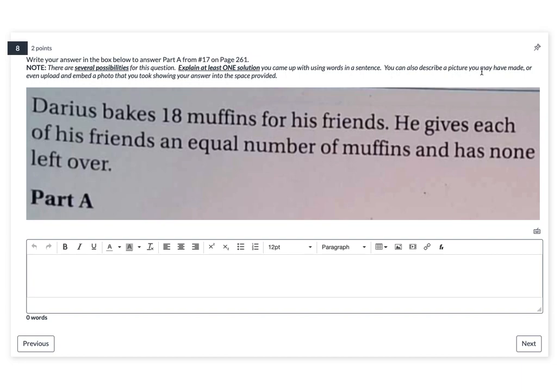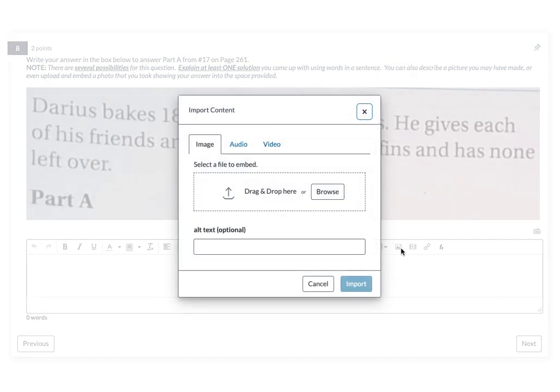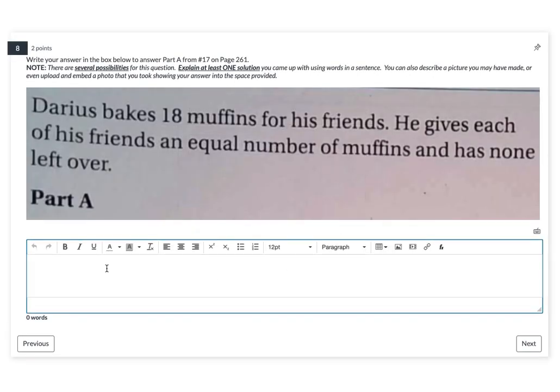You can also describe a picture you may have made, or even upload and embed a photo that you took showing your answer into the space provided. So if you do have a photo, you can click here and you can upload it, okay? And it will put it into your answer, or you can type out your answer.